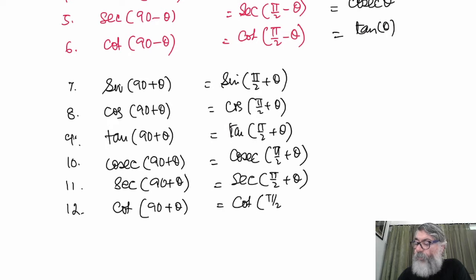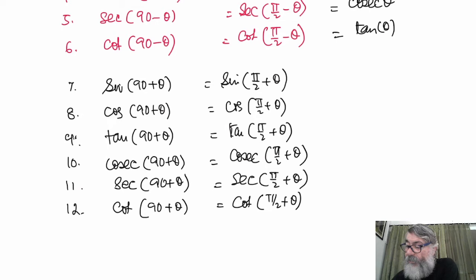These first and second are the same thing, except in the first line I have written in terms of degrees, and in the second I have written in terms of radians. Now 90 plus theta means it is going to fall into the second quadrant. Pi by 2 plus theta means it is going to go into the second quadrant, and in the second quadrant what is positive? Sine and cosec.